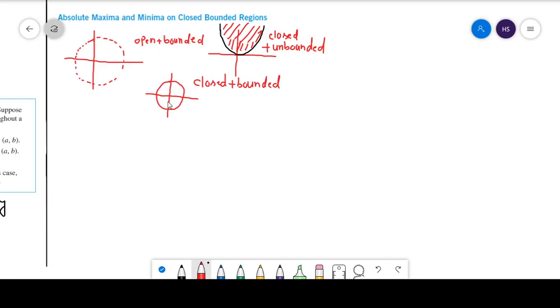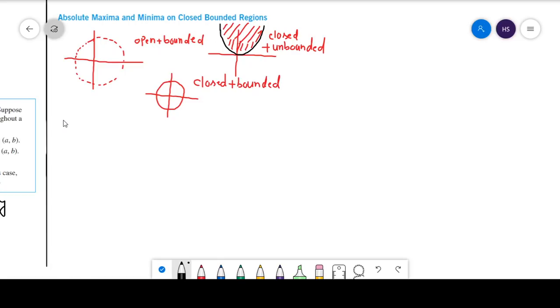So you can always pack this region in a closed or open disk of finite radius. That means it is bounded. We are going to check absolute extrema on a closed bounded region. Closed means the boundary is also included. Bounded means you can always pack that region in a disk of positive radius, right?